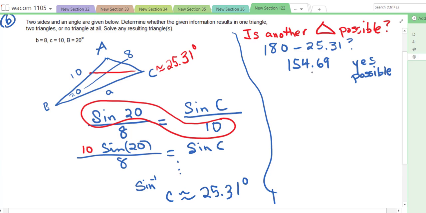So the third angle, so this will be the C on this triangle. On the alternate, all right, and so the A on this alternate triangle will be 180 minus the other two.